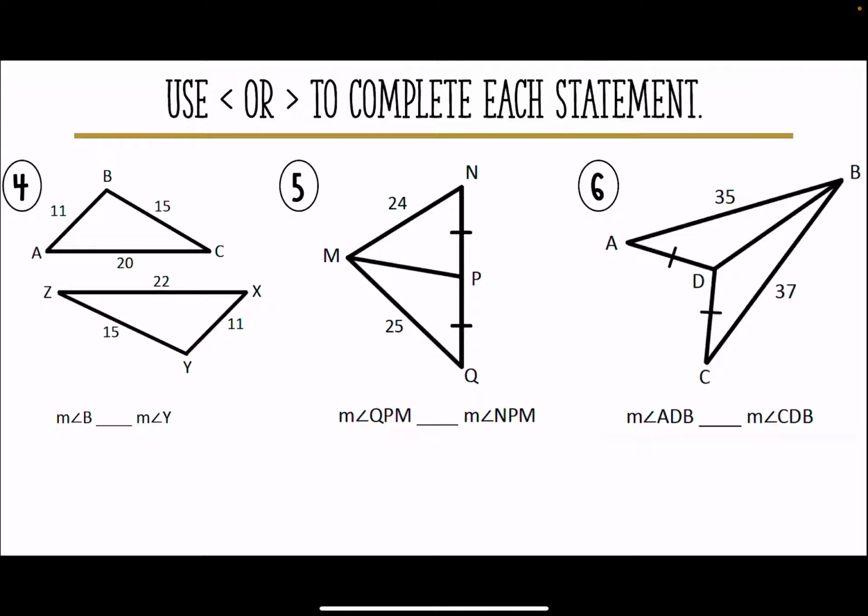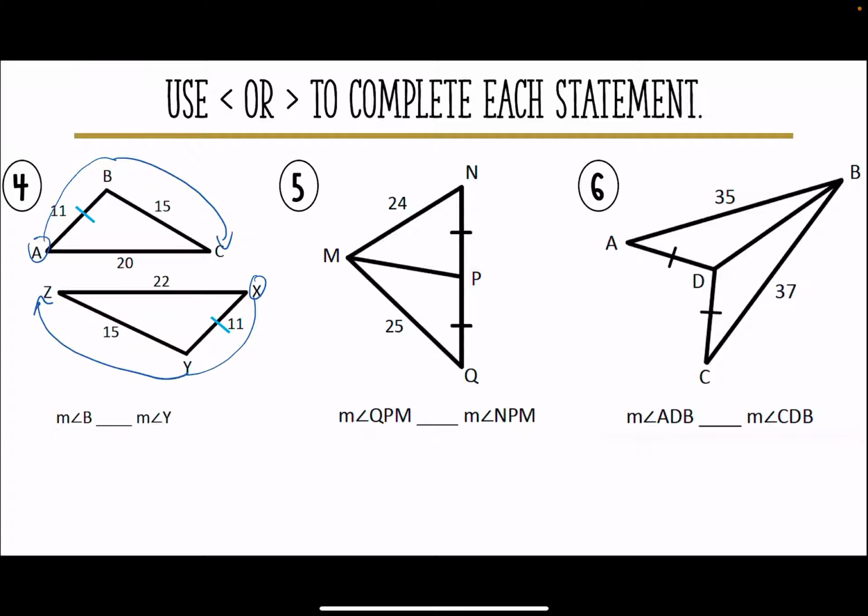All right, so let's do number 4. First, we have to figure out our two congruent segments and their included angle. So we've got AB and XY. And if you need to draw your circle to remember which ones are corresponding, you can.